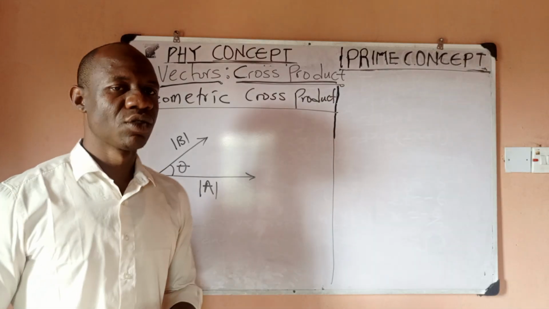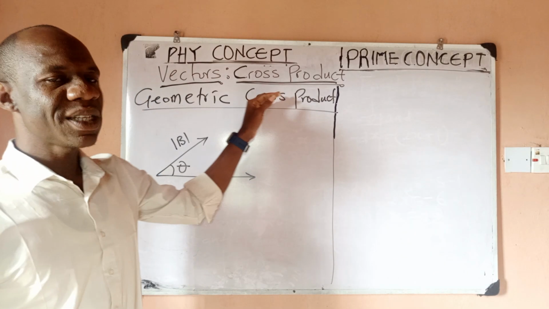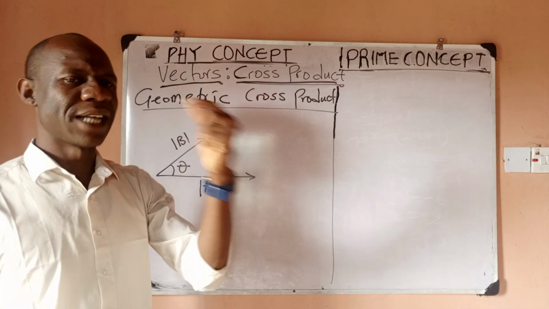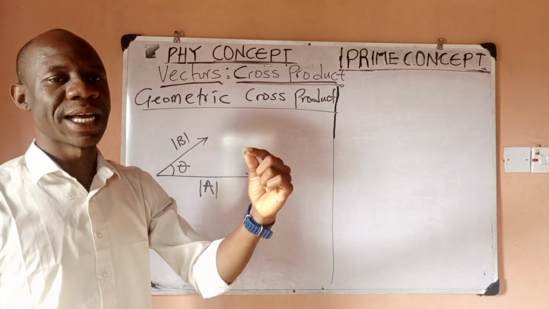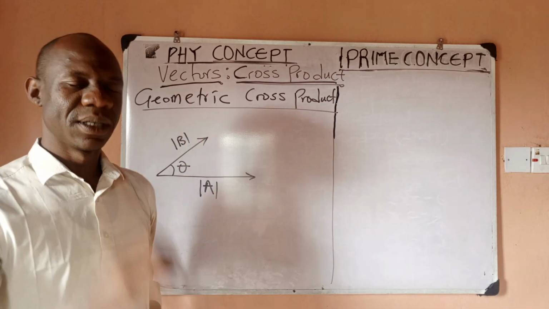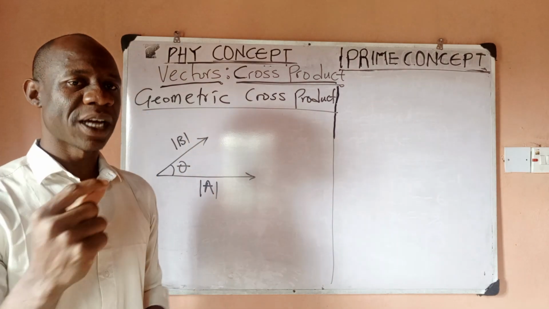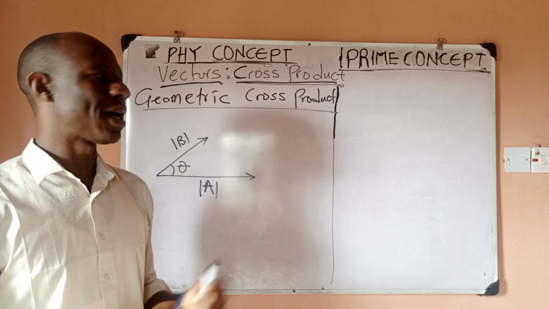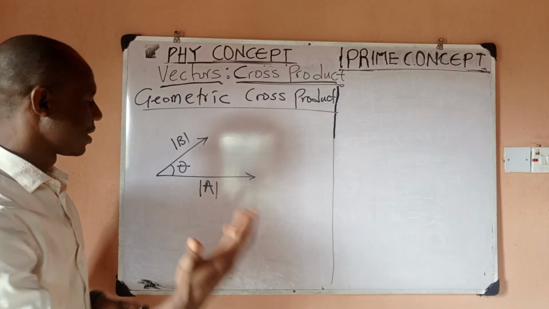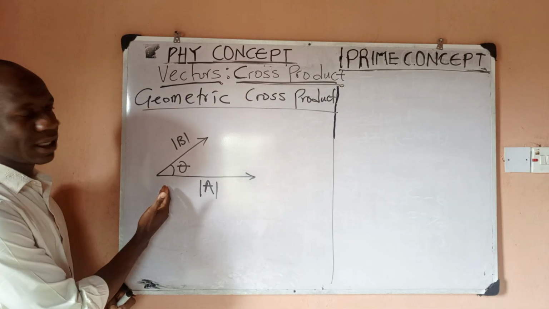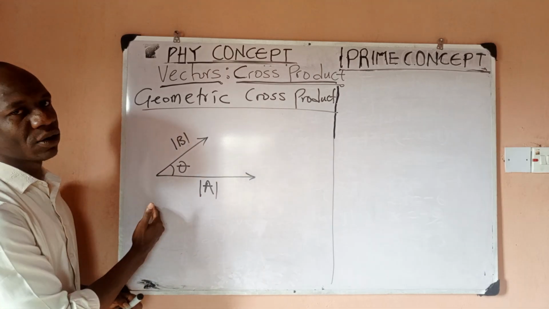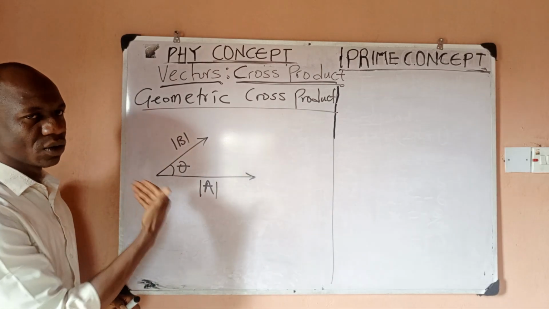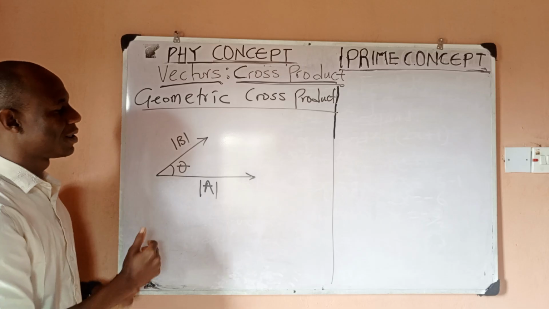Now, one of the things you should know is that the cross product can be used to find the area of a parallelogram. So if we want to find the area, we can convert this diagram into a parallelogram and see how we can use the cross product to find the area.